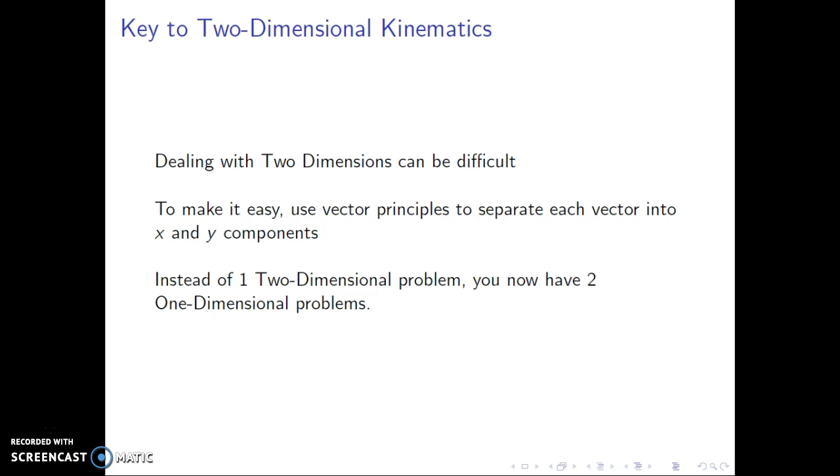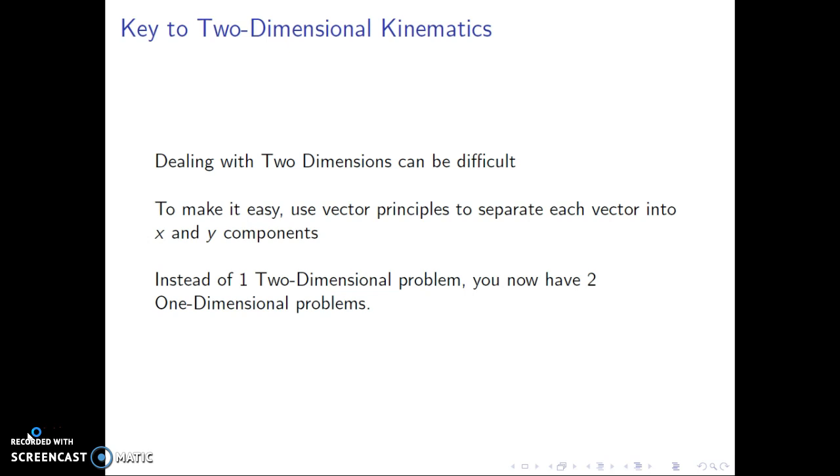First of all, if you really want to deal with the whole problem all at once, it can be very, very difficult. And frankly, the easiest way to do it is to use calculus. Now, we don't have that resource available to us, so we're going to make it a little bit easier. Instead of solving the whole problem in two dimensions, we're going to break this problem into two parts.